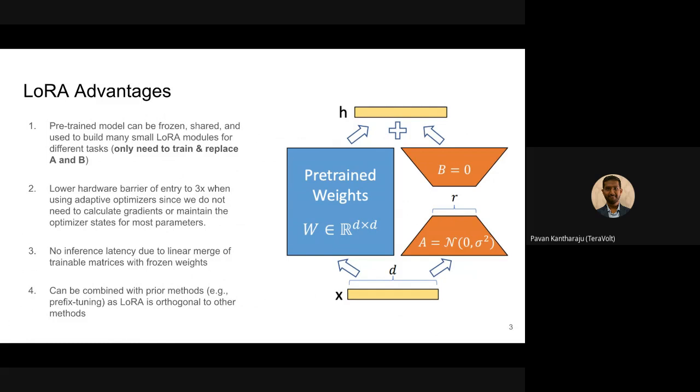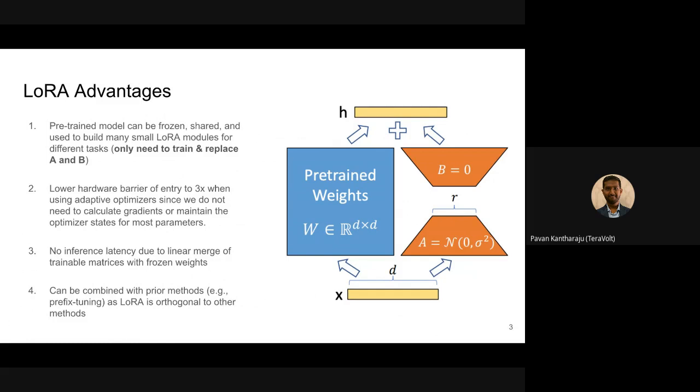The other benefit here is that there's a lower hardware barrier of entry, and according to the authors, there's about a 3x reduction when using adaptive optimizers, because you don't have to keep any gradients or optimizer states for the pre-trained weights. You only have to keep them for A and B. And the third advantage here is that there's no inference latency.